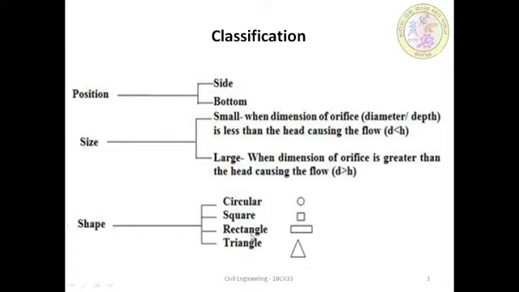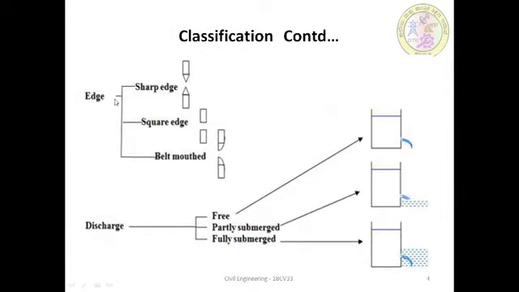And next, the cross section may be rectangular, or even triangular. So based on the shape, the cross section may be circular, square, rectangular, or triangular. Like that, the classifications are made. Then next, the fourth classification is based on the edge.